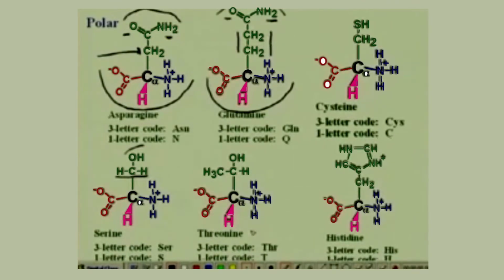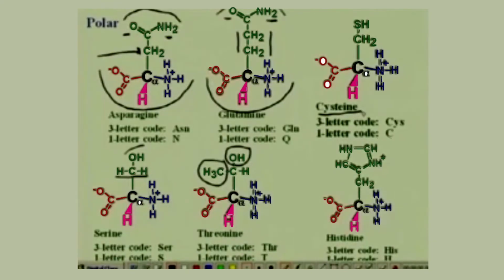Threonine is the next amino acid. It has attached to the beta carbon a CH3 and an OH. So, again it differs from serine. You see how each of these are unique in their own way. The next amino acid is cysteine.